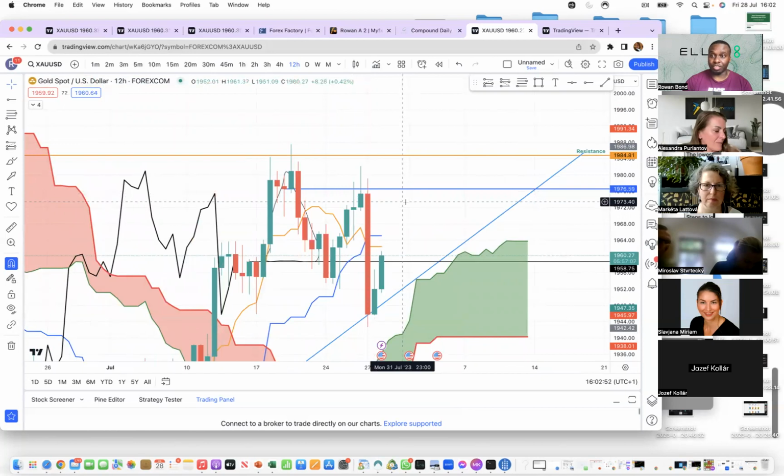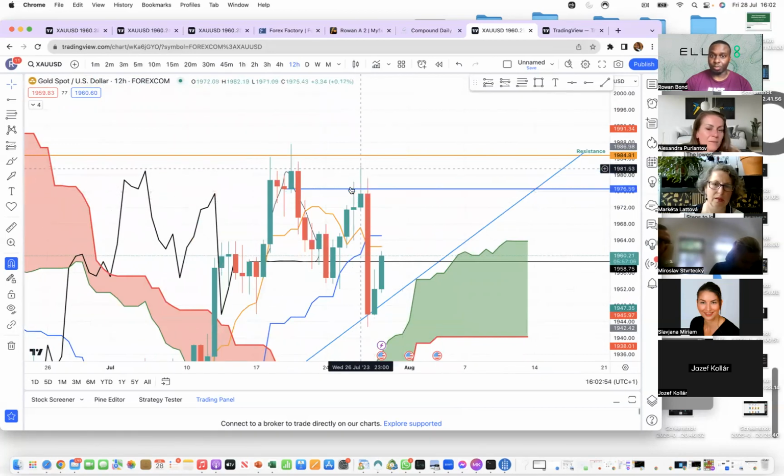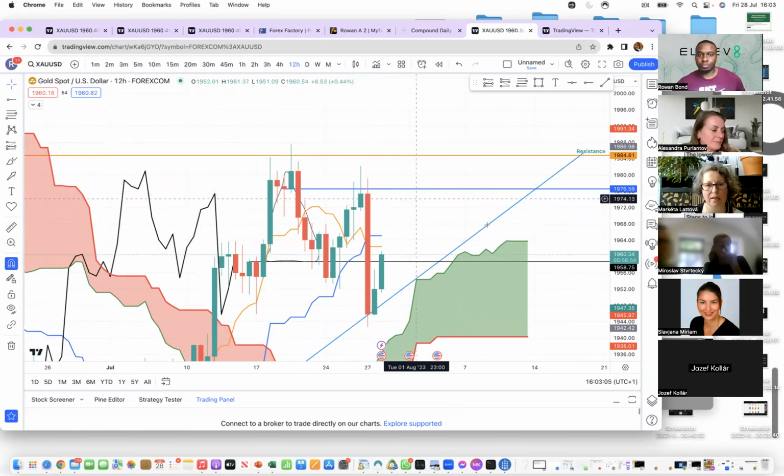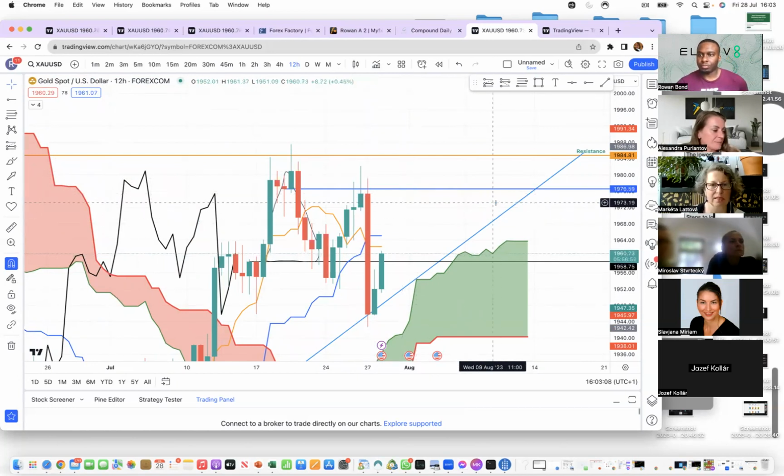This is really important. When you see that these wicks are being created and price can't get above, it means that it's getting ready to sell or go the opposite direction.